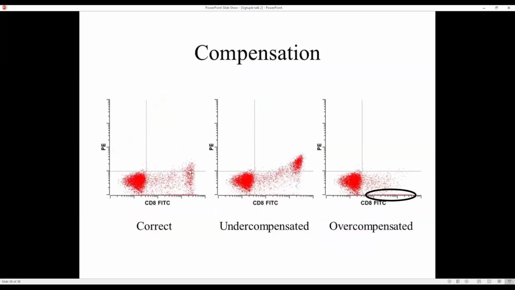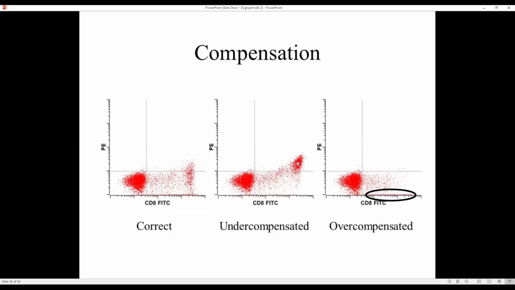Now you can see here, this one is adequately compensated because the MFI for this particular population, which is FITC negative, and this particular population, which is FITC positive, is the same. Whereas if you check here, this is undercompensated, which means this has to be still brought down. Still there is a spillover happening.